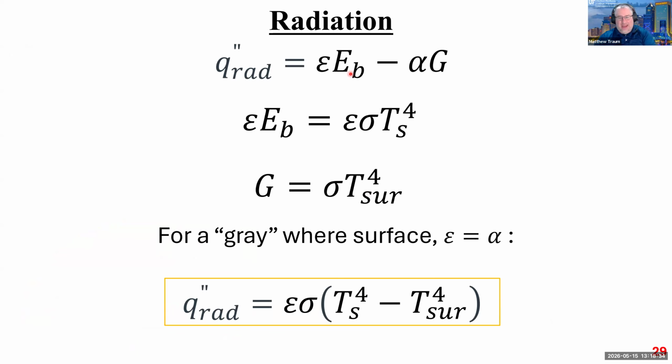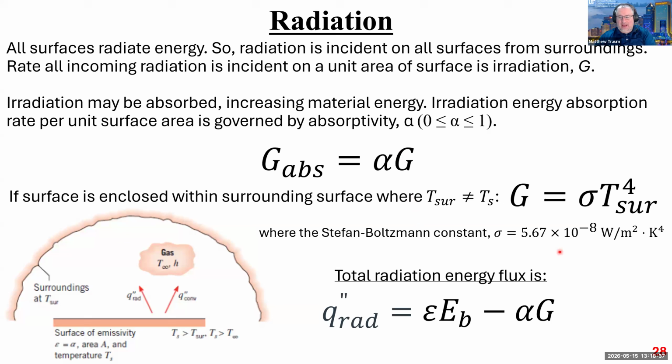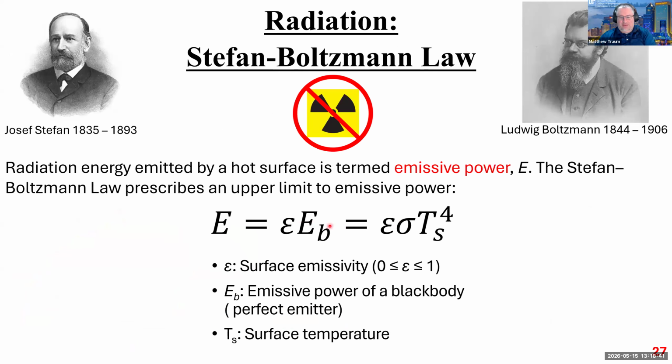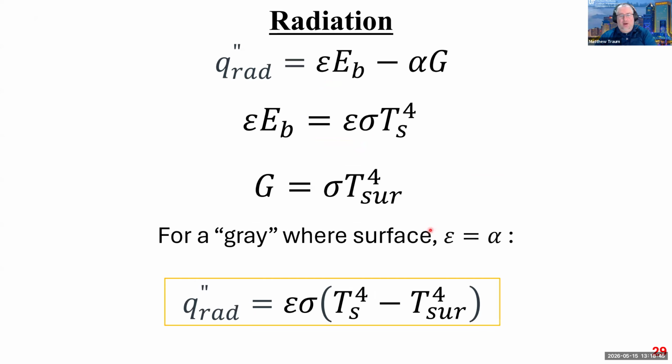Well, we can do that because we have this equation for emissivity, and on the previous slide, we have this equation for emissive power, both in terms of temperature. So I'm going to take those equations for emissive power and G in terms of temperature, and plug them in, and out pops this.